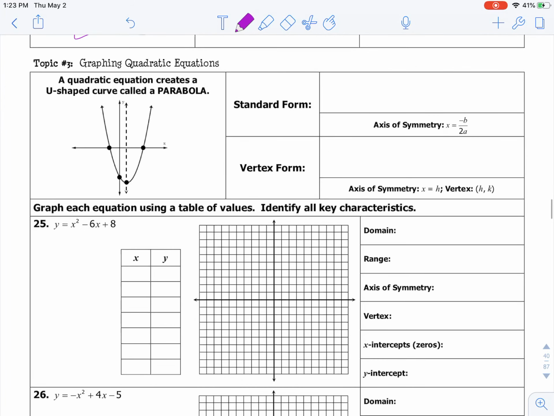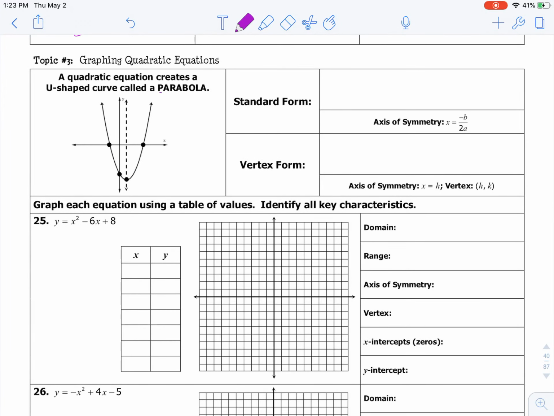So with quadratics, we have these parabolas, those curves, those U's. Standard form of a parabola looks a lot like a trinomial, except that it is y equals ax squared plus bx plus c. And that axis of symmetry, the line that goes right through the middle, I have a formula for that.